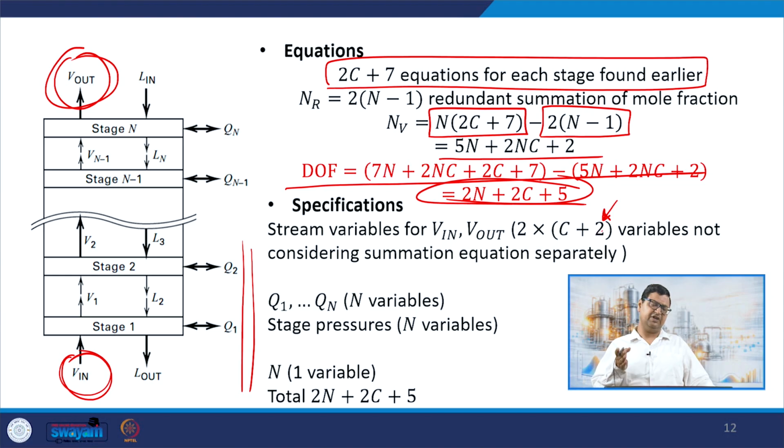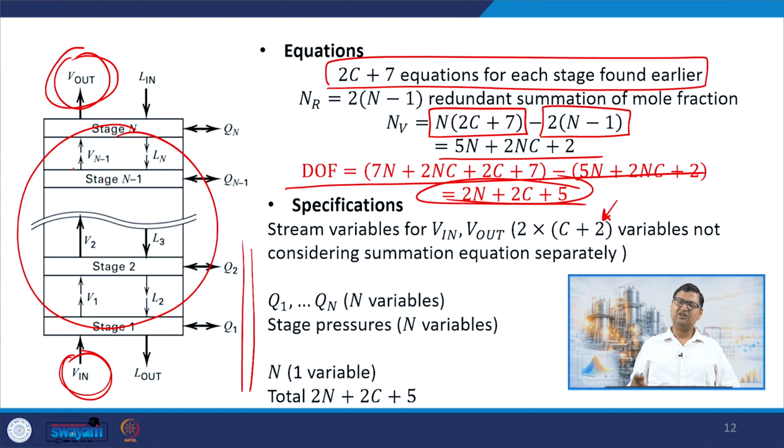So keep in mind that whenever I add an extra variable on this side, that is kind of redundant, because I am adding an extra variable that can come from the summation of mole fraction equation, I have to add the summation of mole fraction equation on the equation side. So for everything intermediate, in fact we are doing that. We write the summation of mole fraction equation, but we also consider all the component molar flow rates.